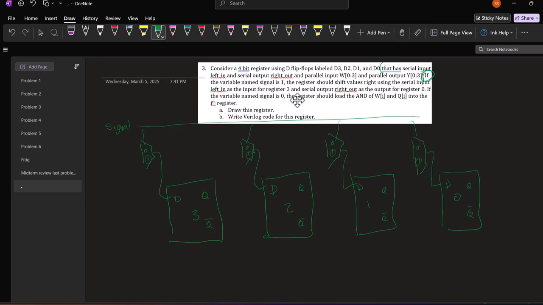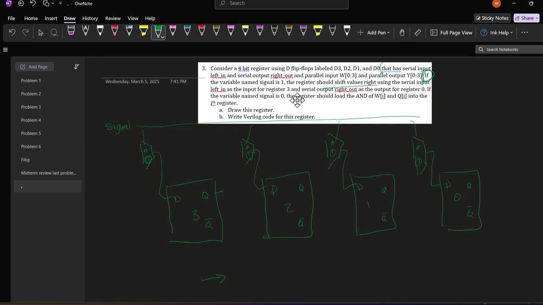Okay, let's worry about just this first part here. Should shift values right. So that means if we're talking about signal being 1, it's going to shift right. So right is this direction. So the output from this one is going to go to the input for this one. But the input for this one is a multiplexer because the input depends on whether signal is 0 or 1.